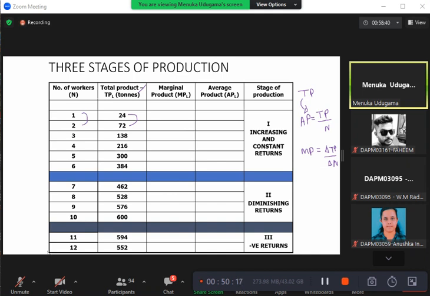So now what you can do is try to fill at least the first 3 to 4 rows, from 1 to 4. You can substitute the numbers into these simple equations and fill the average product and the marginal product. Right? So see if you can give it a try and try to fill the first 4.